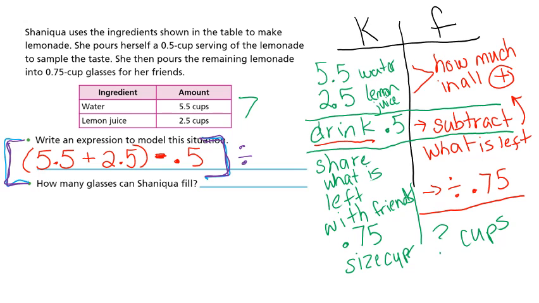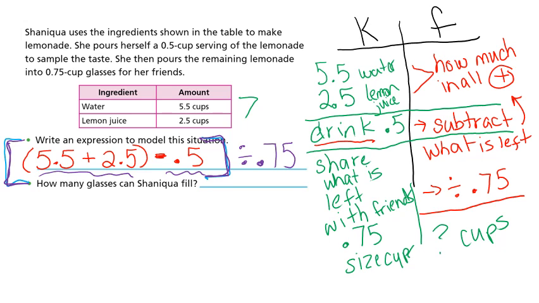Okay, so once you do all these things inside, she's added her lemon juice and water, then she drank this much. She has a certain amount left, which she is going to divide into cups that are 7/500ths of a cup in size. That is a big chunky problem, but we can do it. We can use our order of operations to help us.